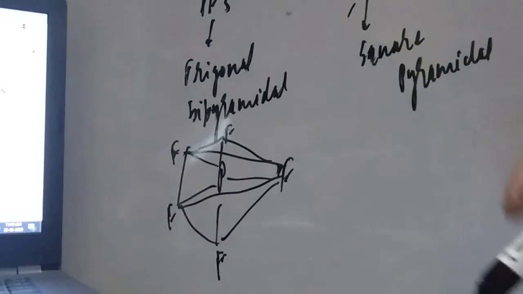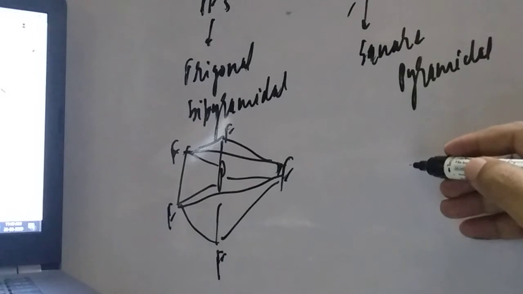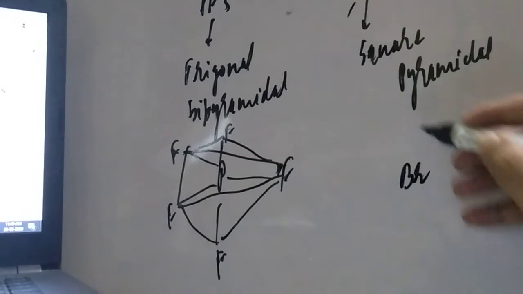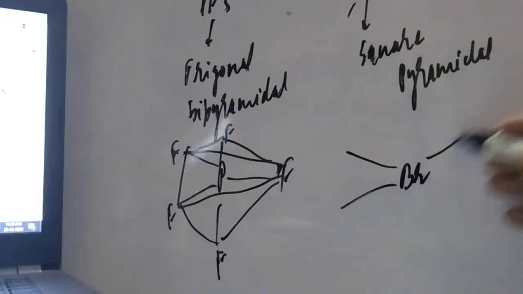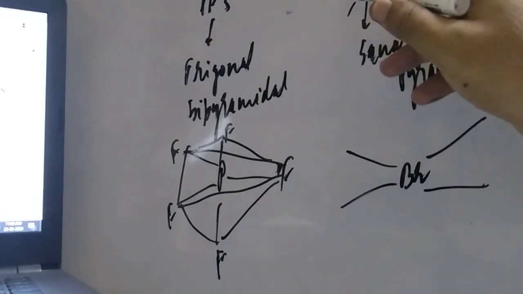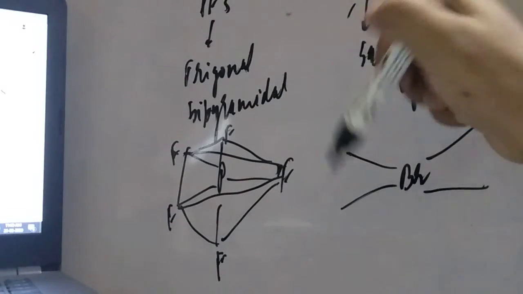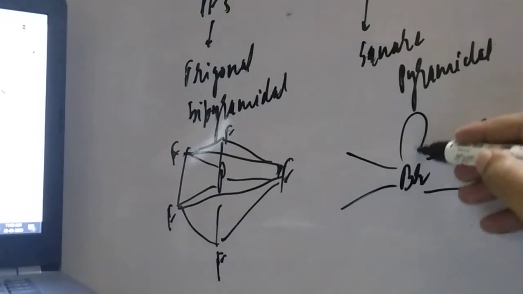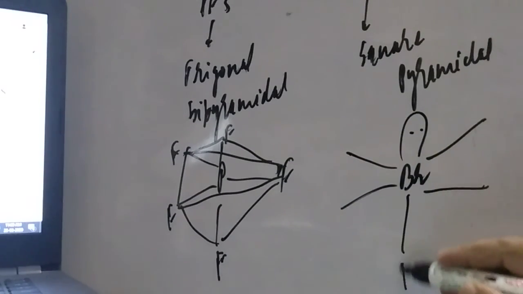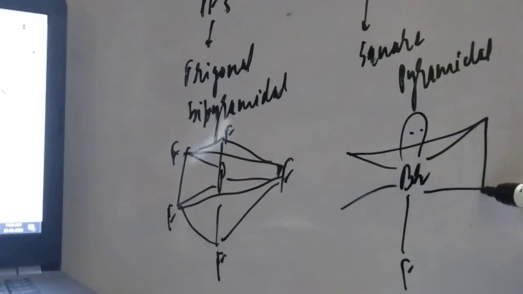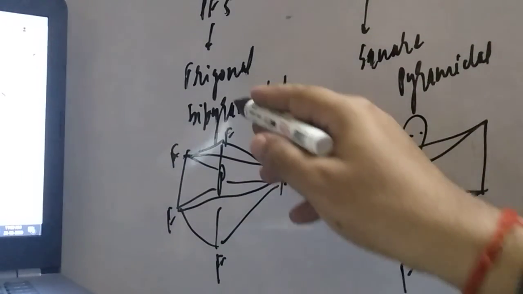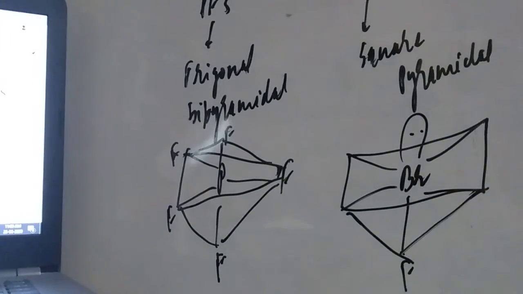But if you talk about square pyramidal, how will the structure come here? Br is there, and the 5 atoms will fit like that, because bromine has 7 electrons, student. 5 are forming bonds, but 1 will be the lone pair. So here will be the one lone pair like this, and here is the fluorine. So the structure is a square and this is pyramidal. One is trigonal bipyramidal, another is square pyramidal.